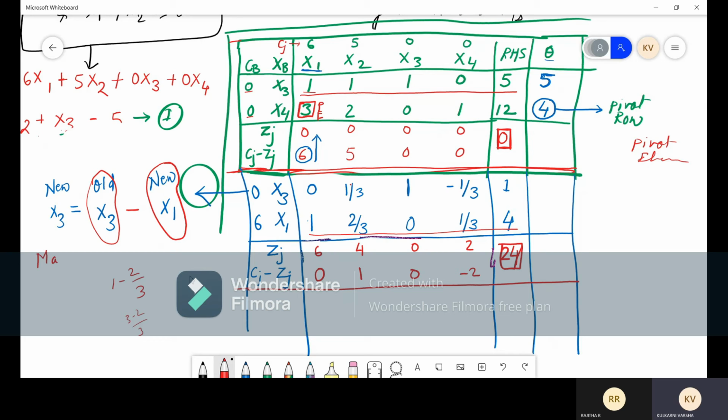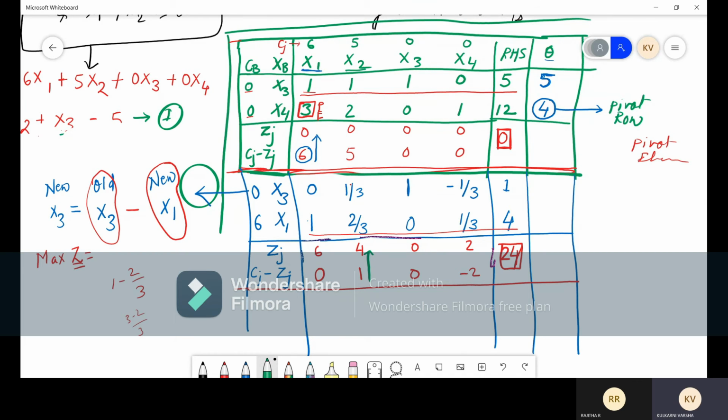Max Z. That is what we need to find out. So now in the next iteration, which variable will be entering? This variable, right? This will be entering, which is the variable x2. So in the next iteration, x2 will be entering, and which variable will be leaving? That's what we need to find out.